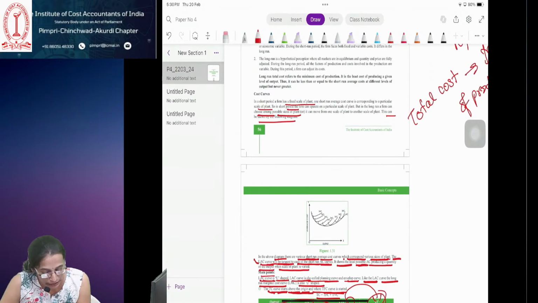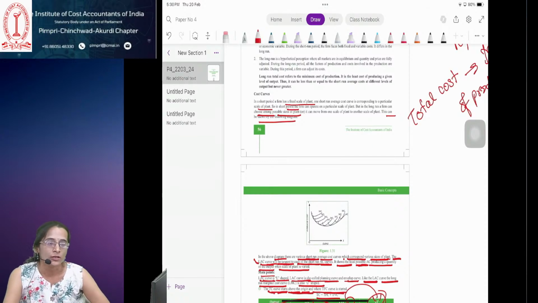In the short period, the firm has a fixed scale of production. One short run average cost curve corresponds to a particular scale of plant. If we were producing 10,000 units, we will be producing 10,000 units; the scale of production remains the same.